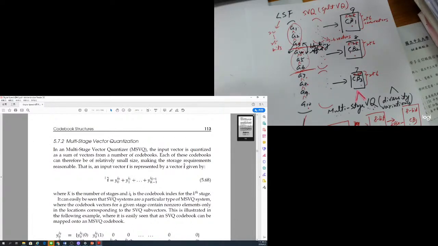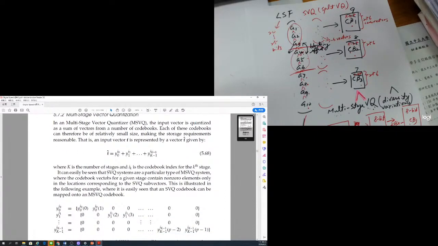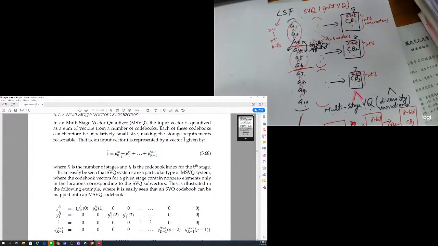Now, multiple stage vector quantization. Your quantized line spectrum frequency will be based on many quantization vectors combined. It looks like we quantize the mean, then quantize the difference, and then the second order deviation.